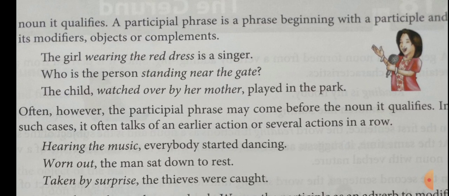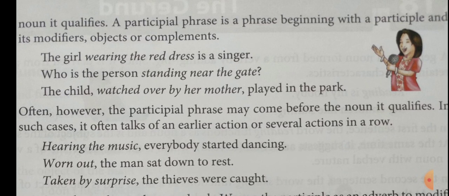The girl wearing the red dress is a singer. Who is the person standing near the gate? The child, watched over by her mother, played in the park. Often, however, the participle phrase may come before the noun it qualifies.